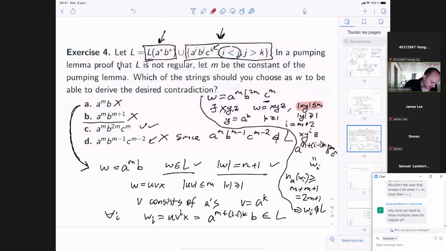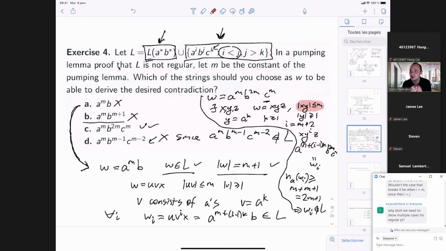It is this part, XY is at most M. If you arrange your string such that the first M characters are exactly the same, like here, A to the M, then you only have one case. The portion that you're going to pump is among the first M characters, and all those characters are the same. So your only case is when the part that you pump consists of A's only.